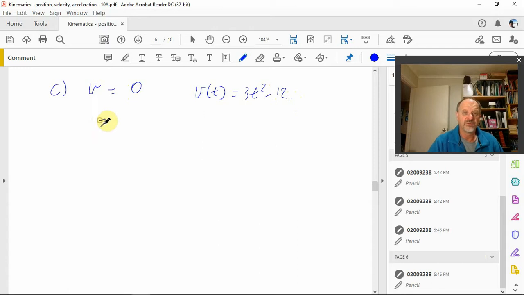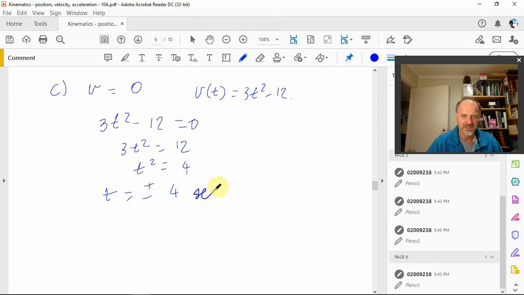All right, so when 3t squared minus 12 is equal to 0, let's just rearrange here, 3t squared is 12, divided by 3, t squared is 4, so time is either plus or minus 4 seconds. Again, negative time makes no sense, so the time we're looking at is 4 seconds.